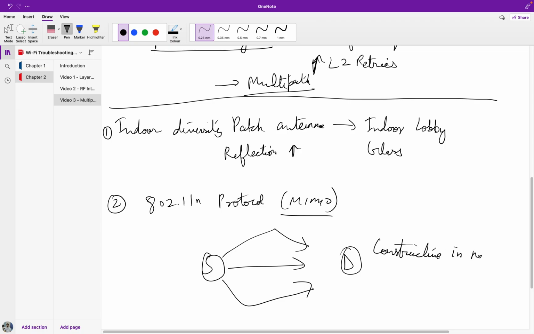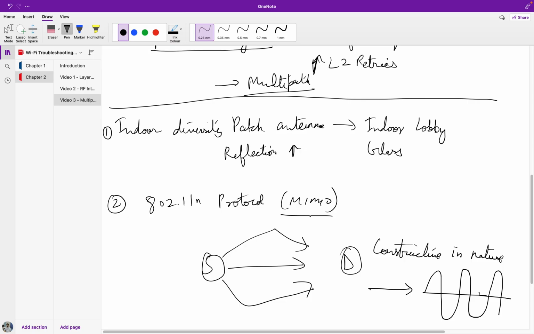Thus there is never inter-symbol interference and never any delay spread, and the beams are combined when they come together and the amplitude is further raised, which means the signal brightens up even more. So .11n is the technology to go for if you're seeing high multipath.